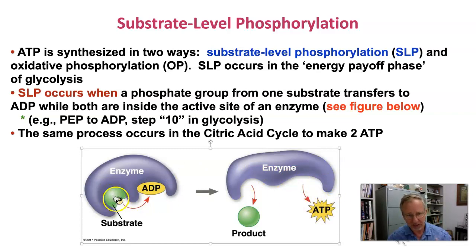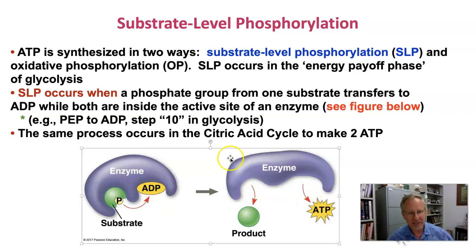And that substrate that lost the phosphate pops out of the active site as a product. And that's substrate level phosphorylation. It's a way to make ATP by transferring a phosphate group from a substrate to an ADP in an active site of an enzyme. That's the crux of it.